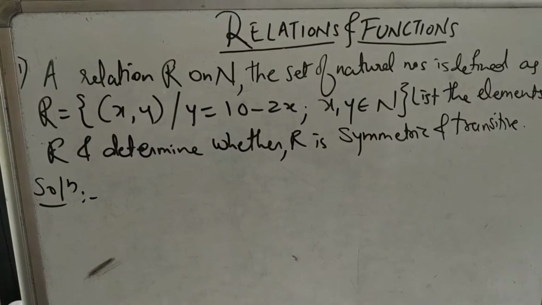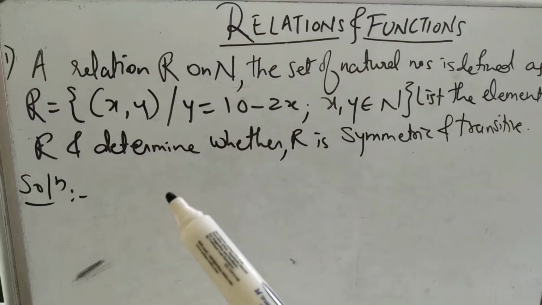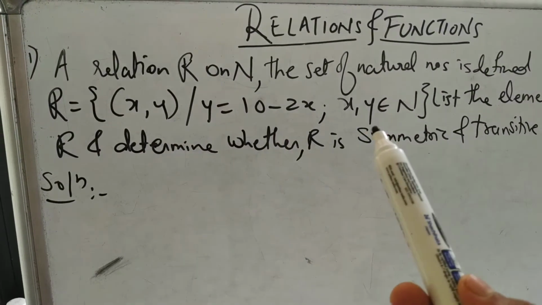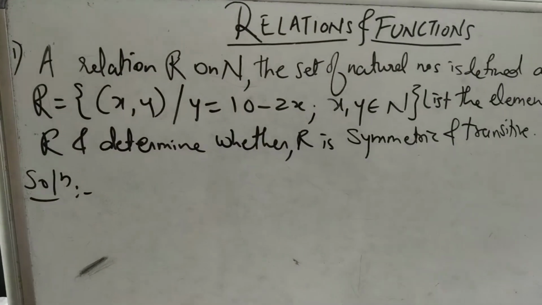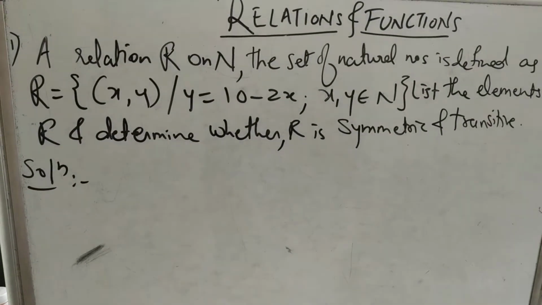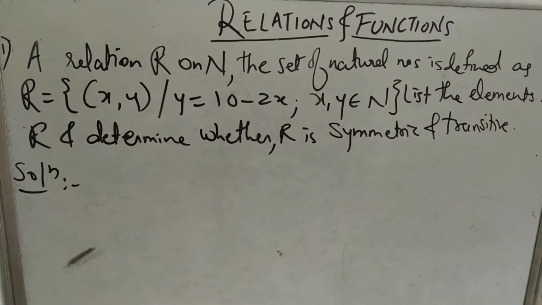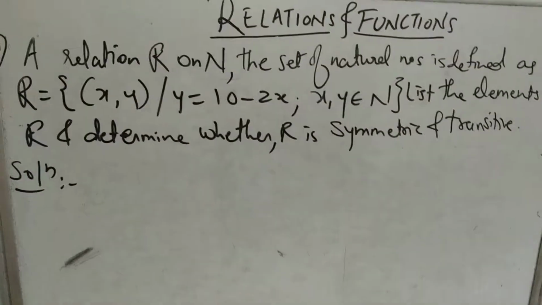Now in this case a relation is defined on the set of natural numbers as (x, y), and whatever natural numbers we are taking should satisfy this equation, that is y equals 10 minus 2x. We have to list the elements of R, and also check whether R is symmetric and transitive.